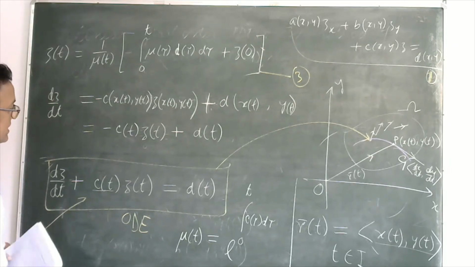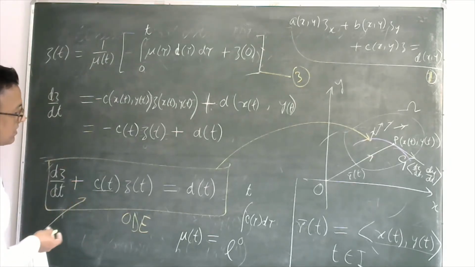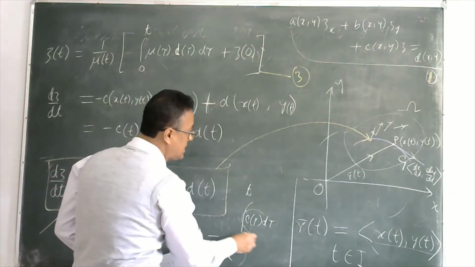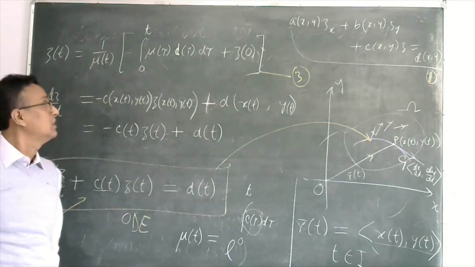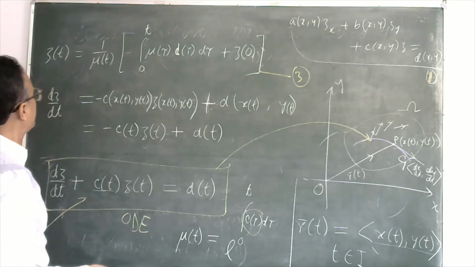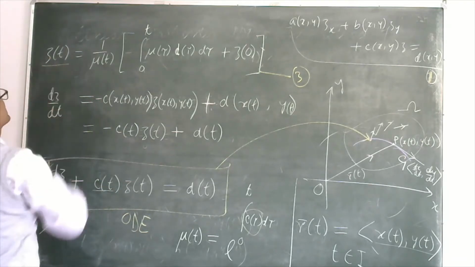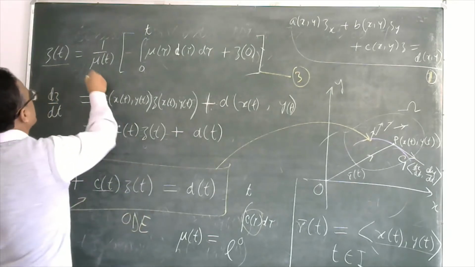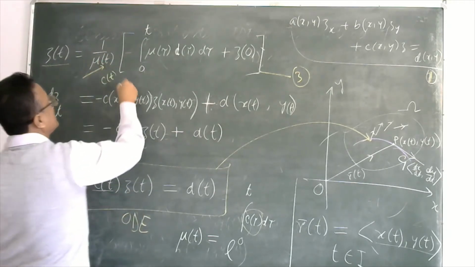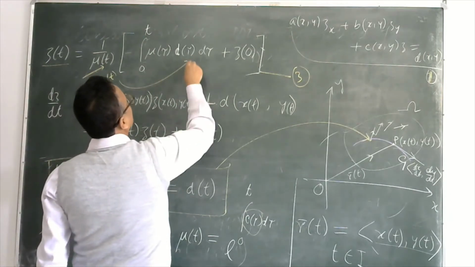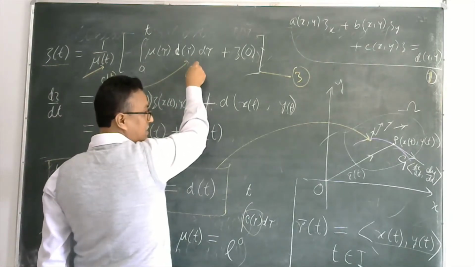Now obviously your mu t depends upon ct. So while you are computing zt, you need mu t, which depends upon ct, and you need dt.